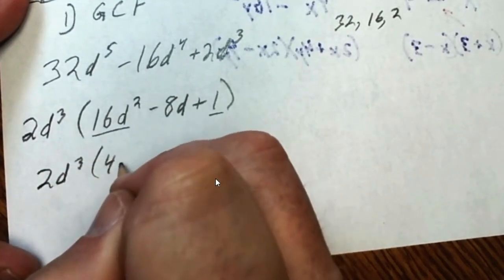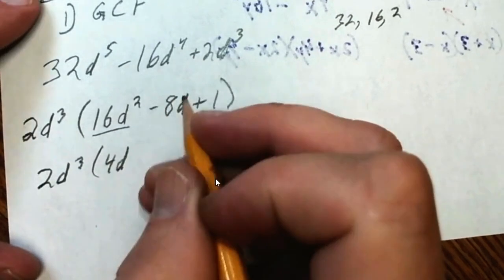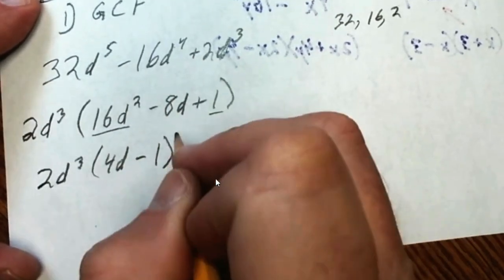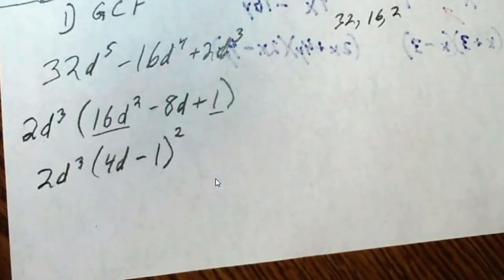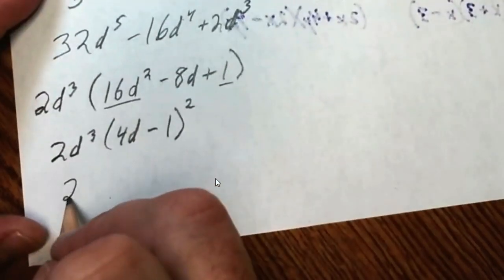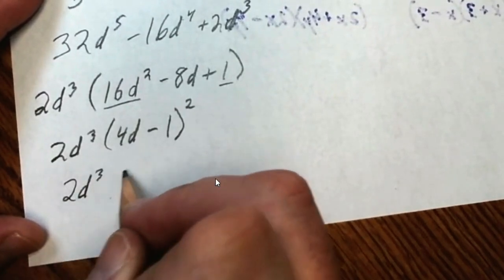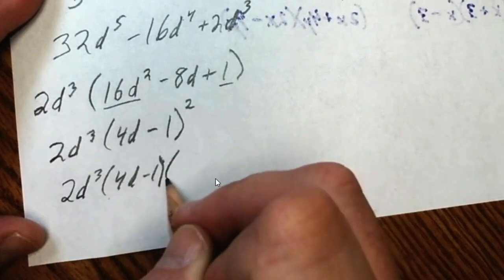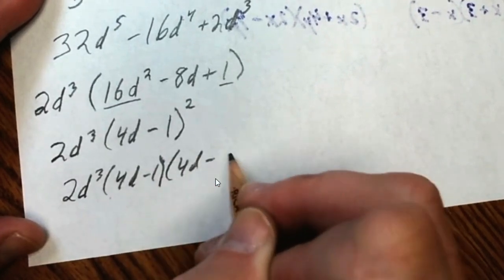This is going to be 4d minus 1 squared. That's it. Which is the same thing, remember, as 4d minus 1 times 4d minus 1.